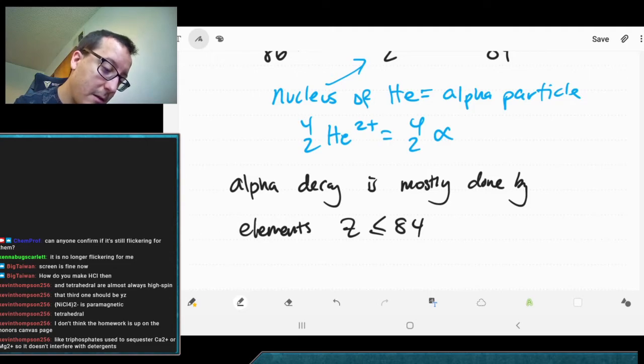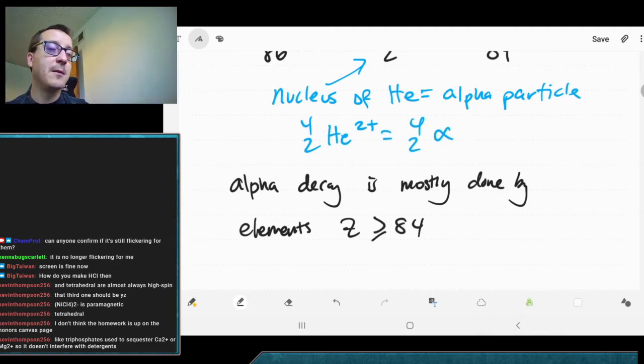I don't know how to do these greater than. Yes, duh. Something that's 84 or bigger is what's going to undergo alpha decay most likely. We're going to see that there are always exceptions, so smaller nuclei can undergo alpha decay, but typically it's done with larger nuclei.